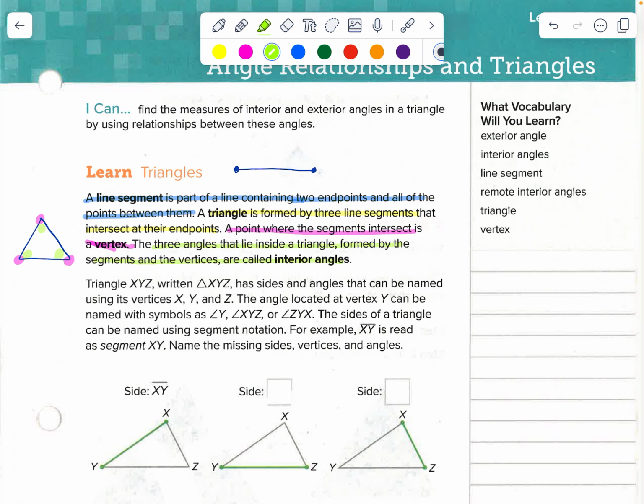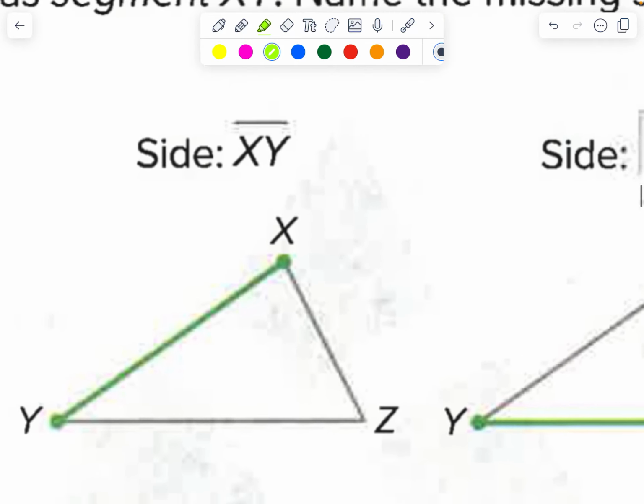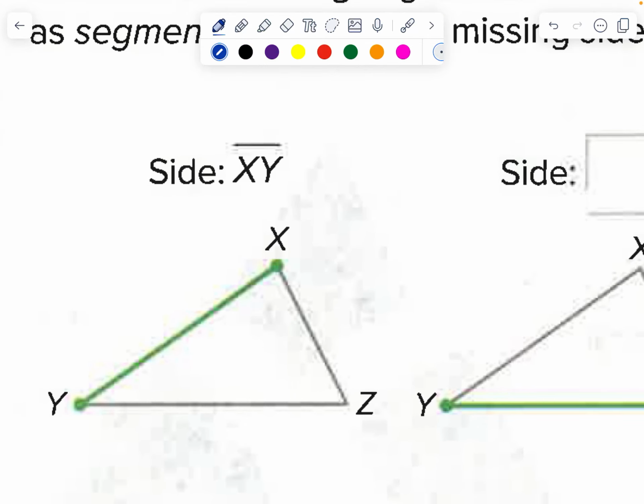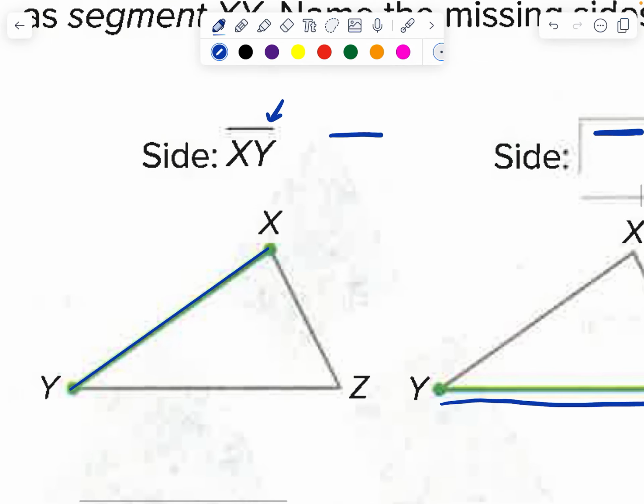Now, if we look at this first one right here, this side, from that endpoint to that endpoint, that line segment is named by, you have to have the line segment symbol on top, XY. It could also be named YX.